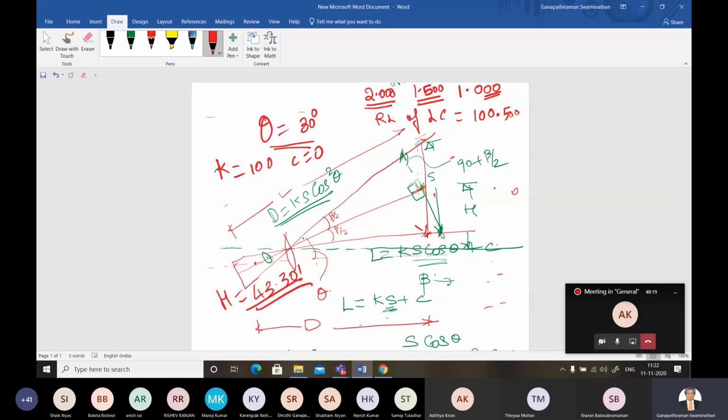So what is RL of B? 100.50 minus 43.301, 57.199, sir. But what happened to that 1.5?